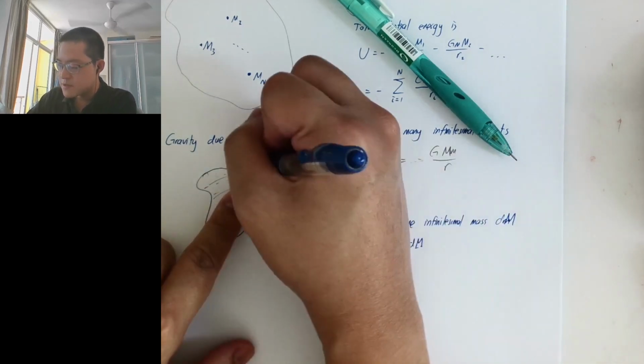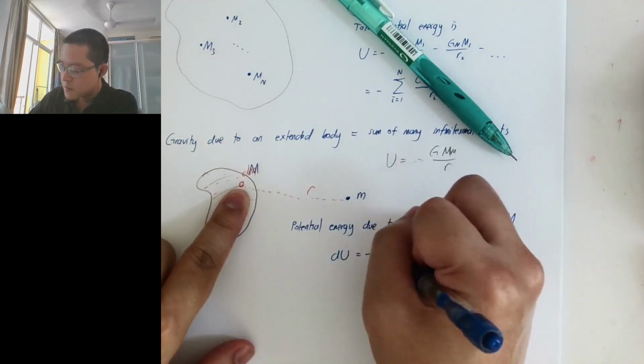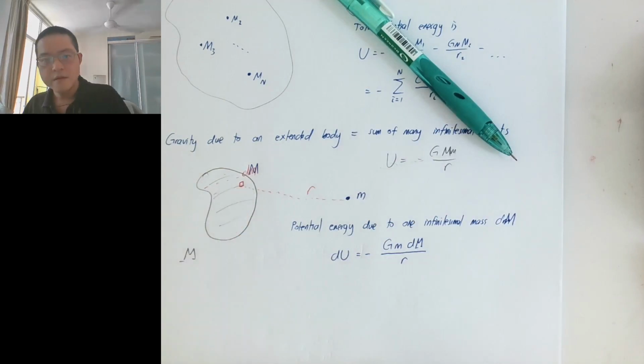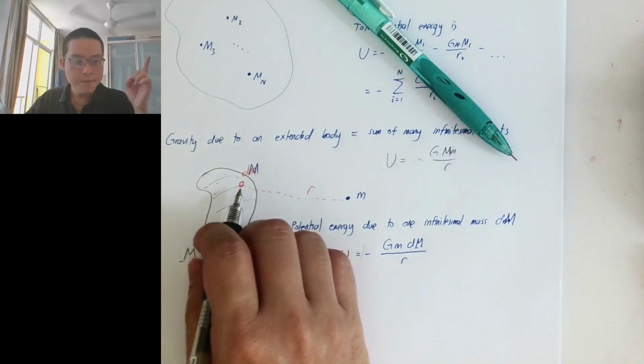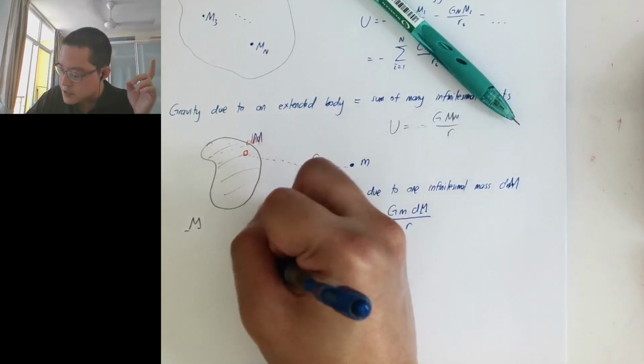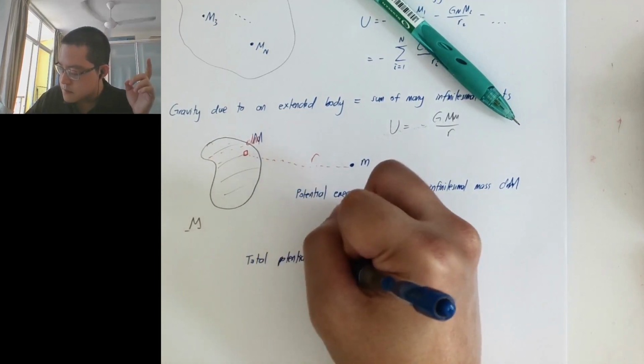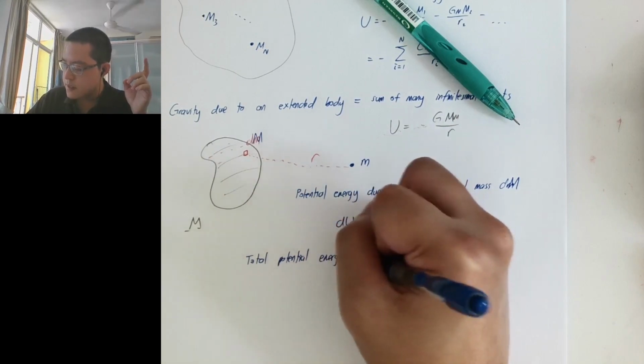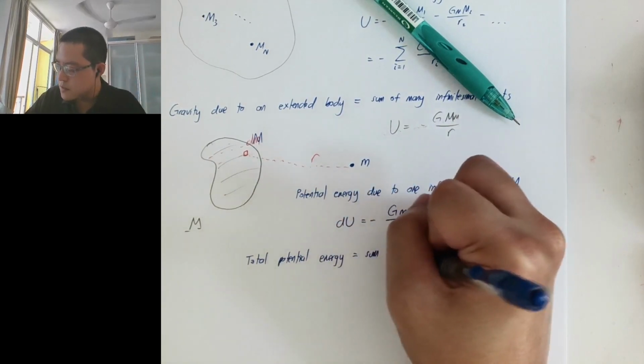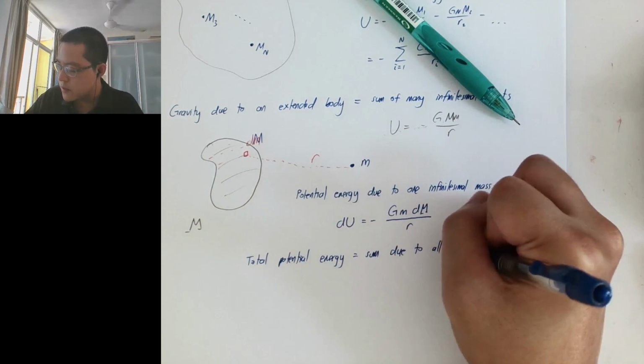Dm, yeah, should be big M, capital M, over R. So this is for one point. Then the total potential energy is the sum due to all points.